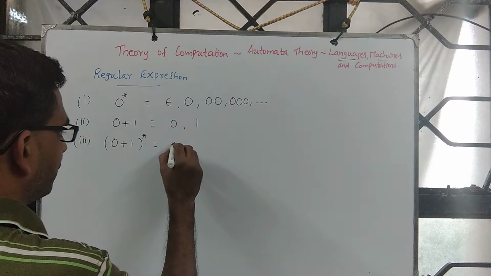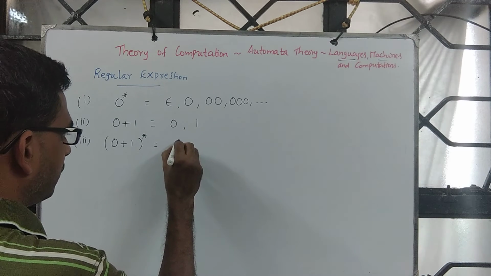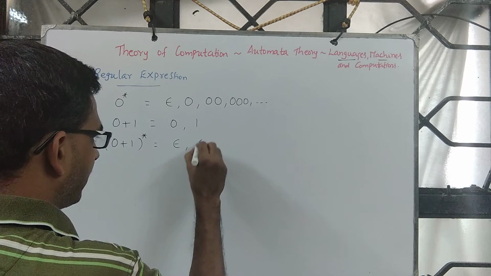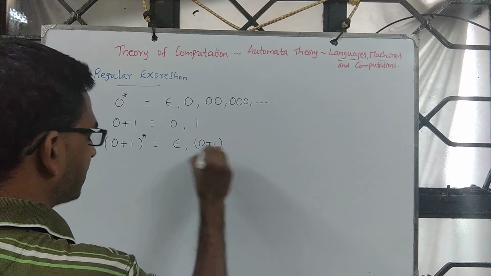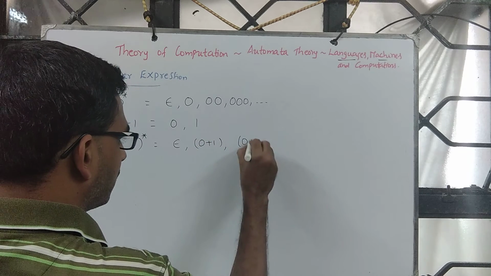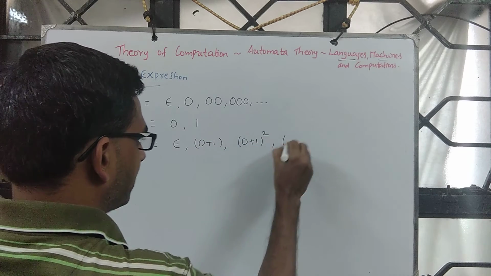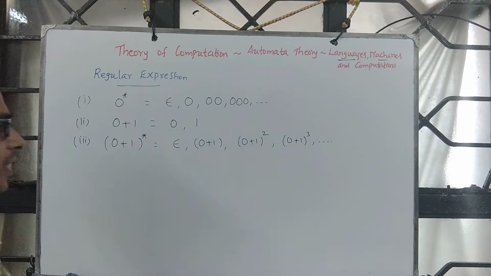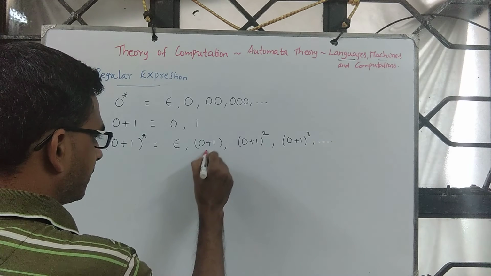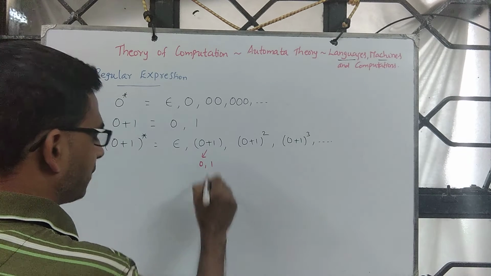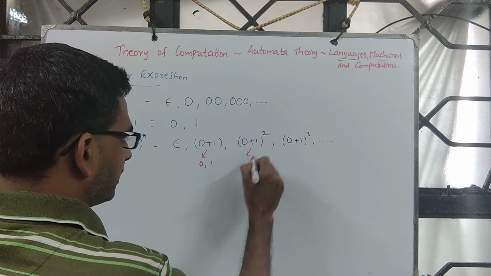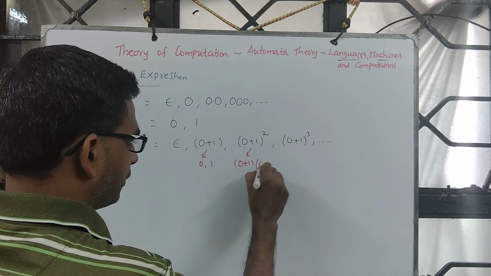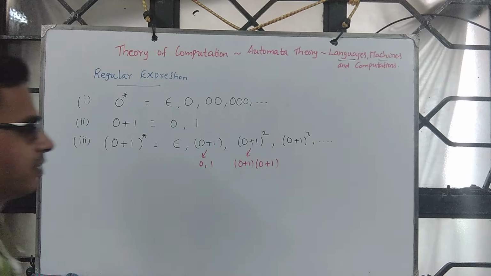So you can see it as 0 copies of this, which means epsilon, or just 1 copy of 0 plus 1, or 2 copies of 0 plus 1, or 3 copies of 0 plus 1, and so on. In turn, this tells you 0 or 1. This tells you 0 plus 1, this is square, which means 0 plus 1 into 0 plus 1.